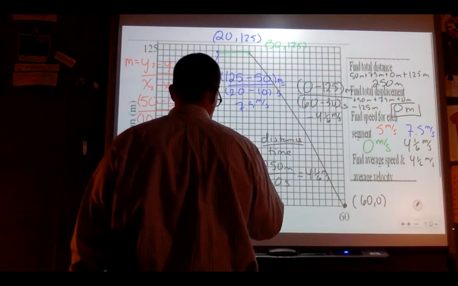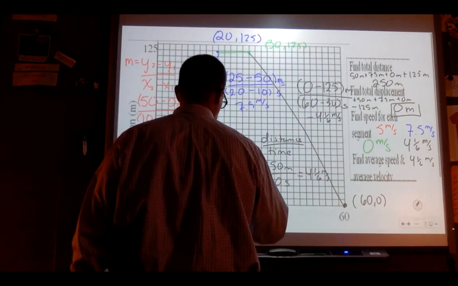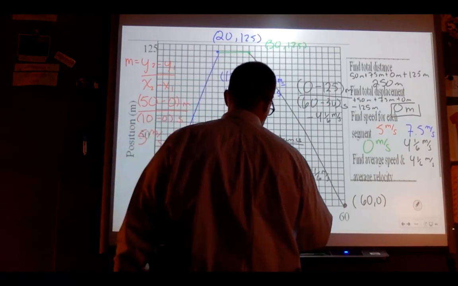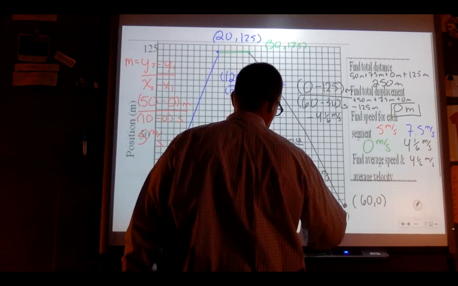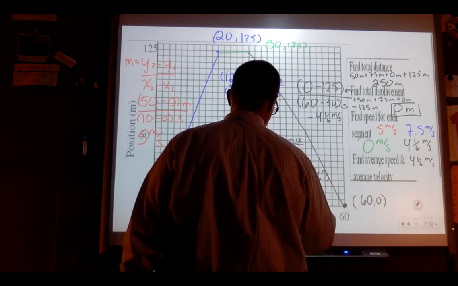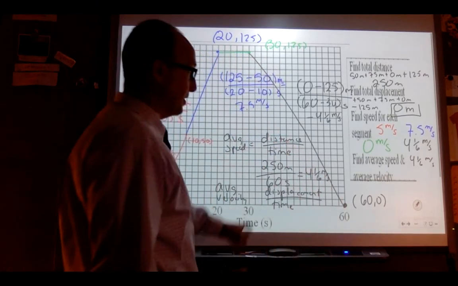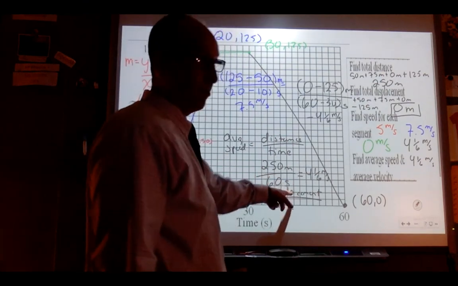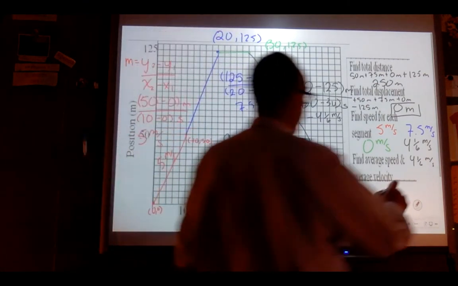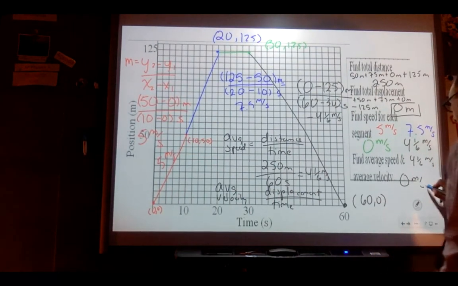Average velocity is displacement over time. And his displacement was 0. So 0 divided by 60 is just going to give us 0 meters per second.